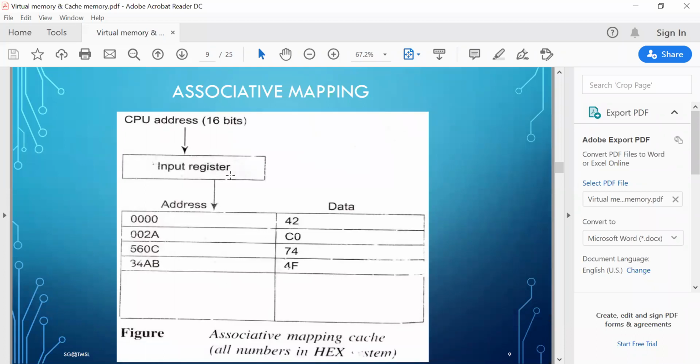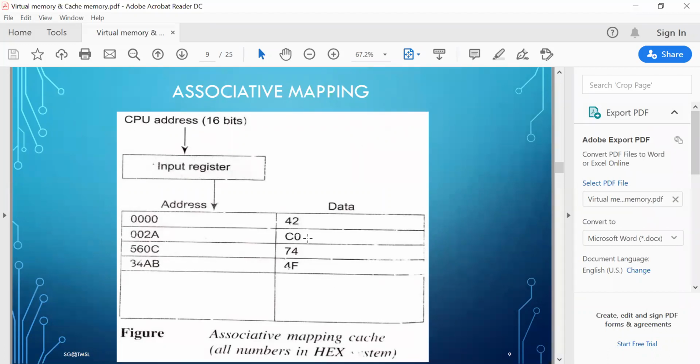Then the associative cache memory is searched for a matching address sequentially. If the address of the desired word is found, then the 8-bit data word must be matched with the requested address, and if that address is found, the corresponding data is read and sent to the CPU.